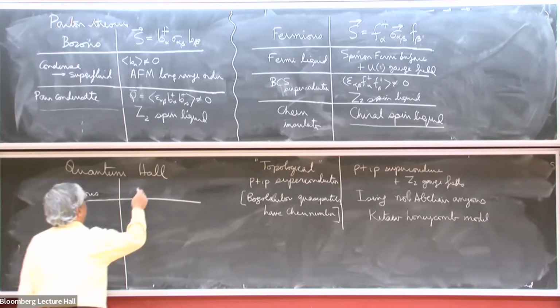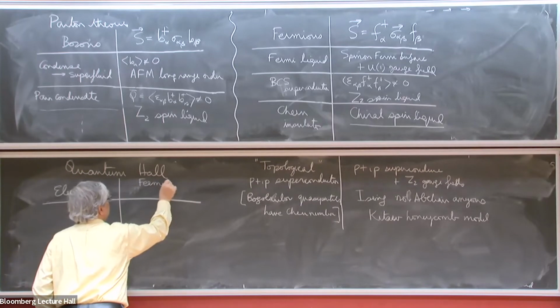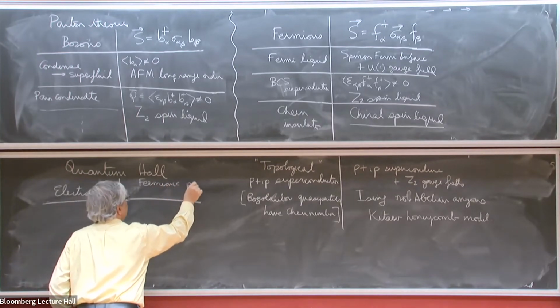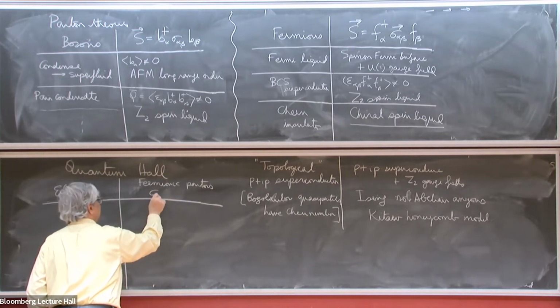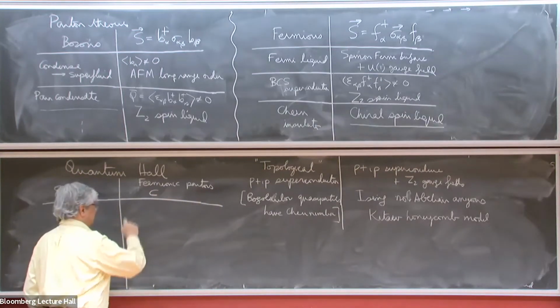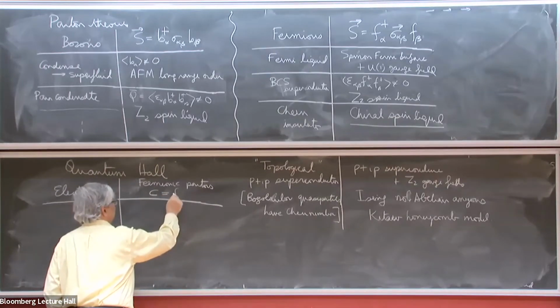And then you have fermionic partons. So here, it turns out the best way to do this, you have an electron operator. This is not a spin system, so you have a fermion, but you make partons of it. I'm going to make 3 partons.